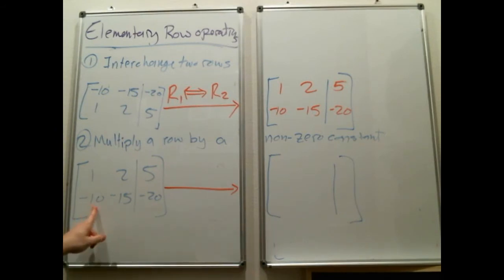So what I want to do is multiply, and remember this says multiply a row by a non-zero constant. That means I can multiply any row by 1, which wouldn't really do anything for us, but I can multiply a row by 2, 3, 4, 10, 100, 1,000, negative 1,000, negative 8.